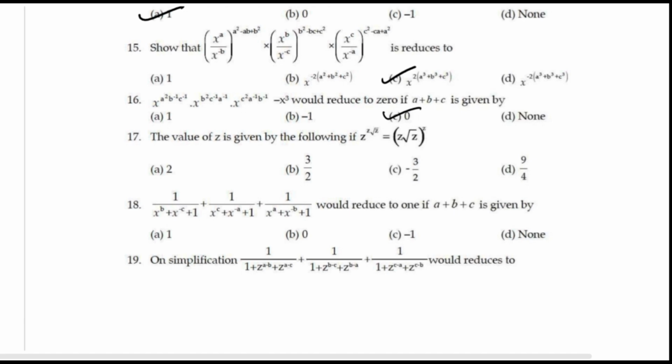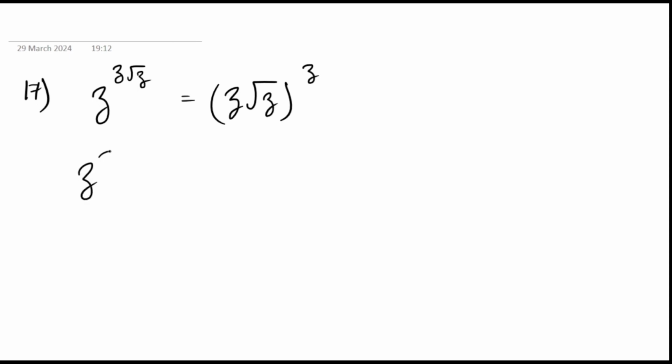Now 17th one. The question is z to the power z root z is equal to z root z, the whole to the power z. So this can be written as z to the power 1 into z to the power 1 by 2, the whole to the power z.